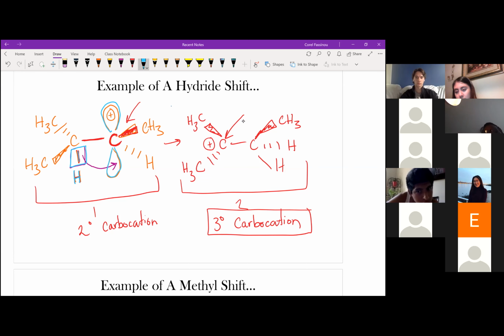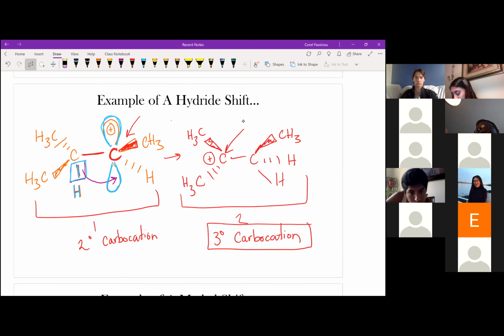So if it's not parallel, you can't pull those electrons into that p orbital. In this example, our empty p orbital is on the plane of the screen, and so is our hydrogen because it has that line attached to it. Does anyone have any questions on hydride shifts?